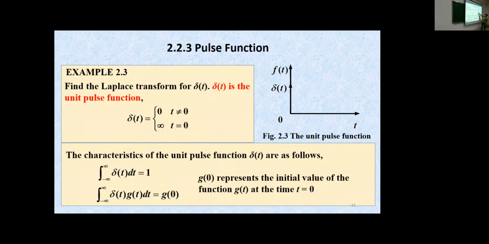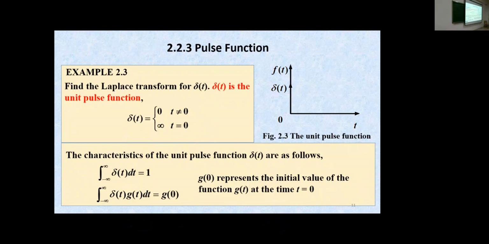But within the domain only very close to t equals 0, a very, very small domain here, we have a very large value. So we call it a pulse. The value at t equals 0 is very large, tending to infinity. So this is the unit pulse function. The figure here is showing this should be very big, and from here and from here as well, it's 0.